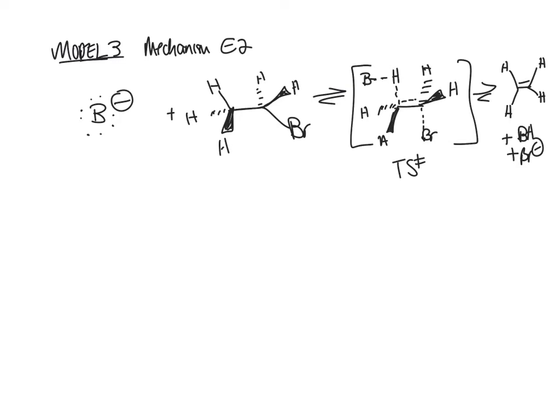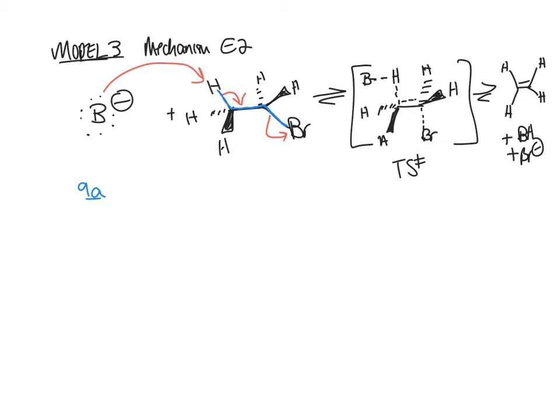So we have the base taking this hydrogen, those electrons forming the double bond, and bromine leaving. Now I do want to point out that this line here means they're in the same plane, okay? The dashes mean they're going back, the wedges are going at you. So what is 9A?